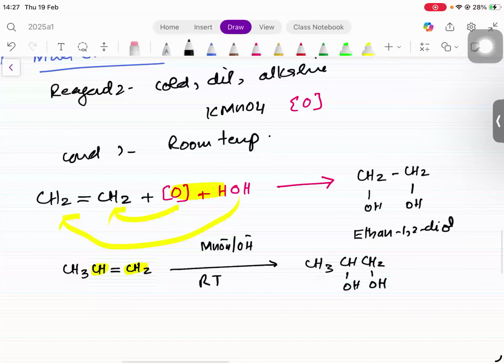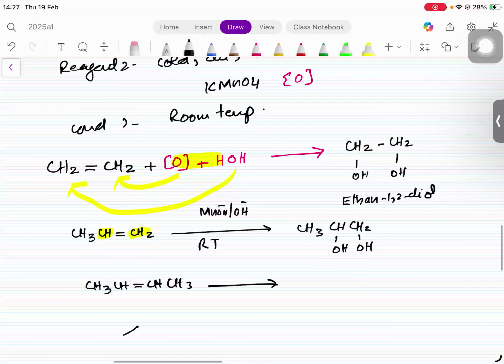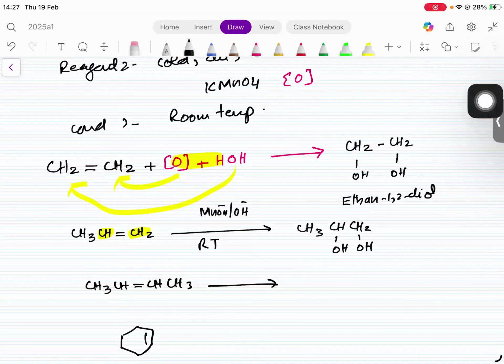Okay. Similarly, if this is CH3CH, what will be the product, children? If cold dilute KMnO4 at room temperature, RT means room temperature. And what will be the product for this? Carbon number 2 and 3 contain the double bond, right?